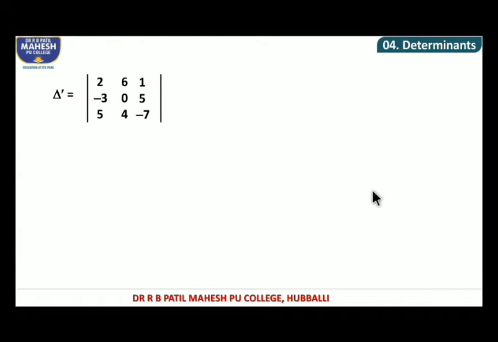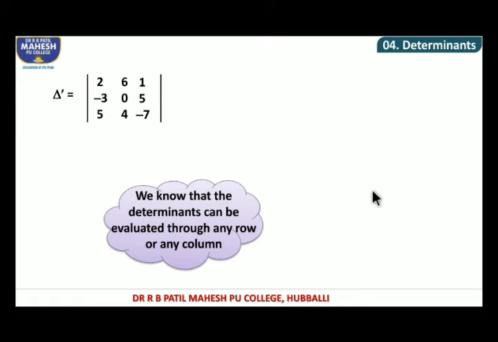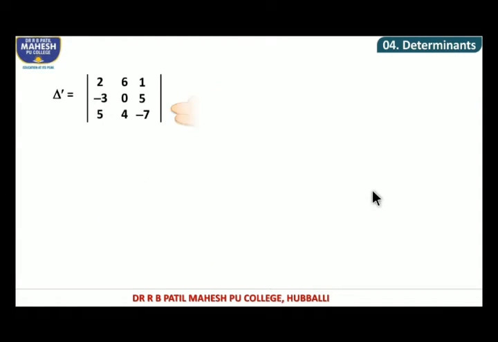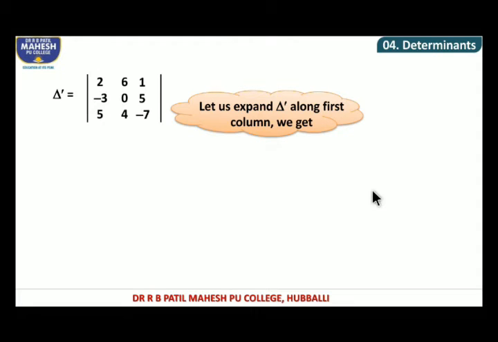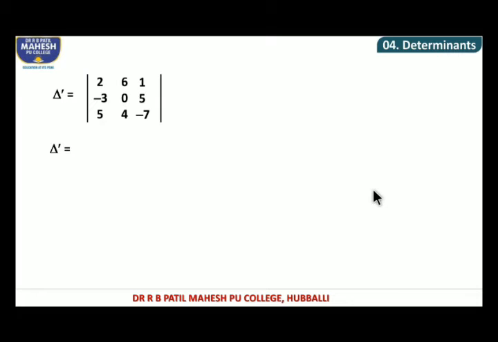And now we can expand this one along any row or any column, because we know that determinants can be evaluated through any row or any column. Therefore, I am going to expand this delta dash along the first column. So delta dash is equal to, here we have the signs plus, minus, plus again.